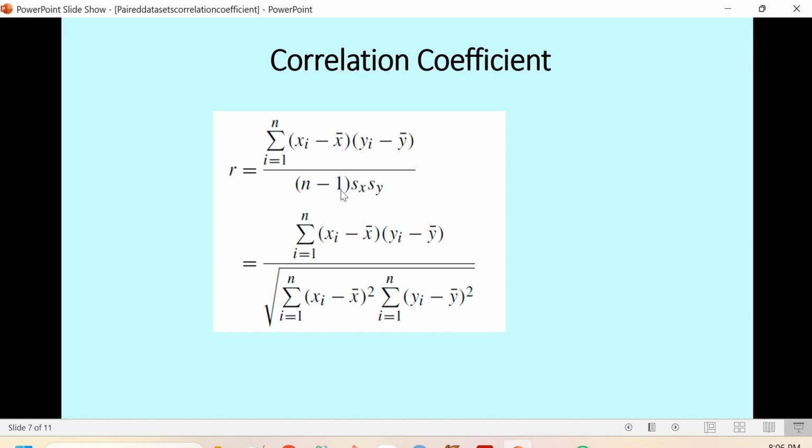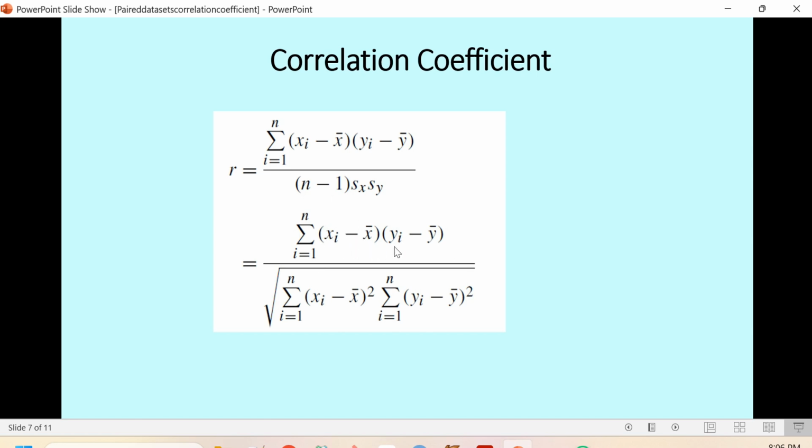So n-1 also times the standard deviation of x and the standard deviation of y. Then these two fill in the formulas for sx and sy. These two take a square root, then n-1 will disappear. So the result is like this.